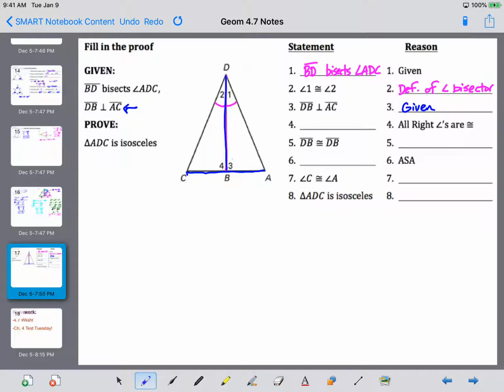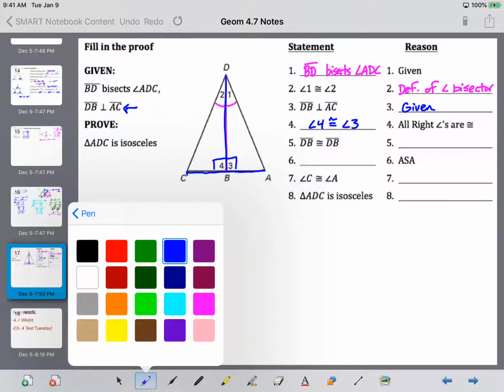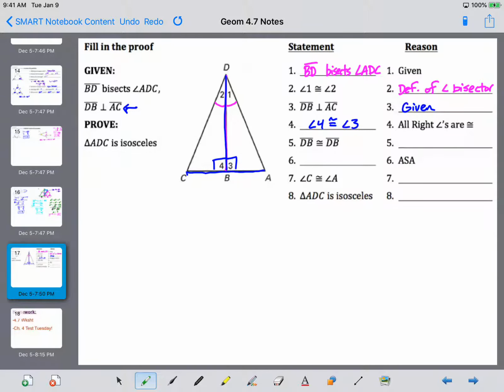And if we know that's perpendicular, we know that angle 4 has to be congruent to angle 3 because if these are perpendicular, we know all right angles are congruent. All right, now why do we know that DB is congruent to itself? Well, that's just the reflexive property.